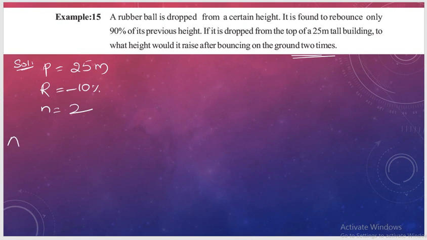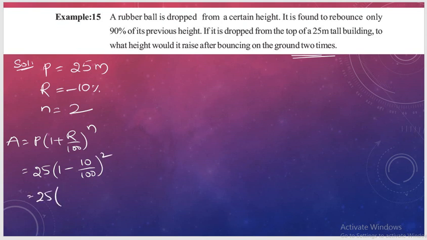From this, what is the final height, which is nothing but A? A is equal to P into 1 plus R by 100 whole power n, which gives me 25 into 1 minus 10 by 100 whole power 2, which gives me 25 into 100 minus 10 is 90 by 100 whole power 2.